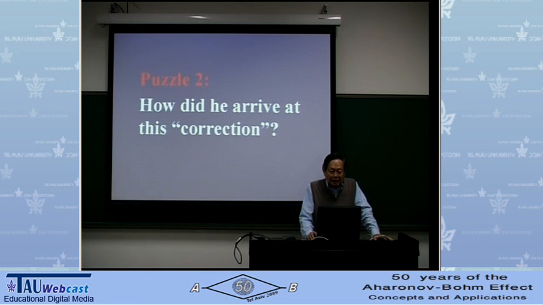Maxwell evidently, in the first 3 installments, struggled to make a mechanical model that he thought would, in some sense, be the analog of electromagnetism.